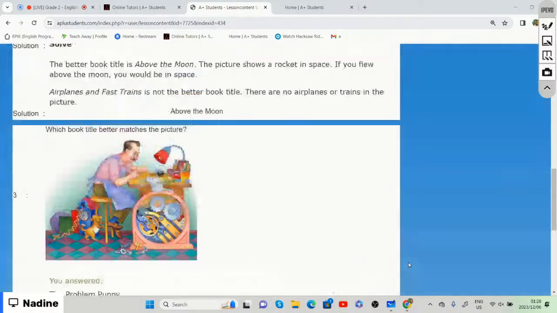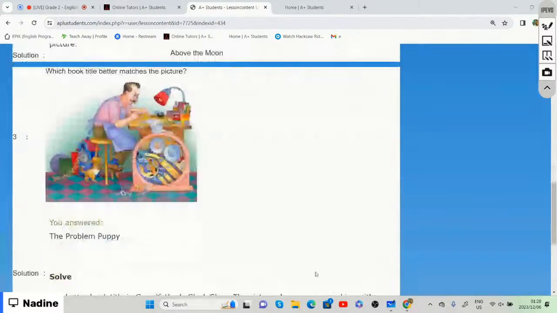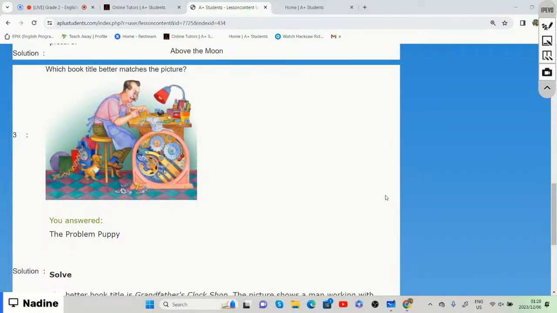All right. So which means that if we were to write a title, we can even say Grandfather with the Clock Shop, Grandfather's Clock Shop, right? But any catchy phrase, or let's say title.